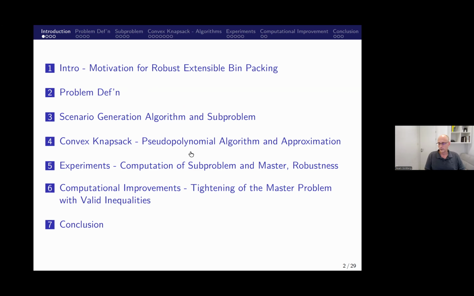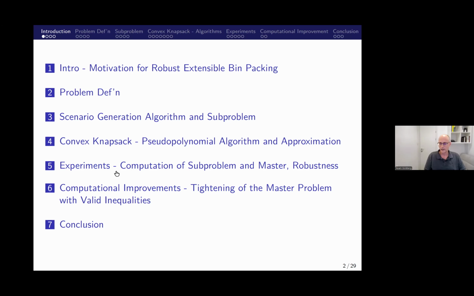And you can guess that it's going to be related now to the convex knapsack, and that's where we'll focus our theoretical part of the study and get some theoretical results as well as some computational methods out of the study.